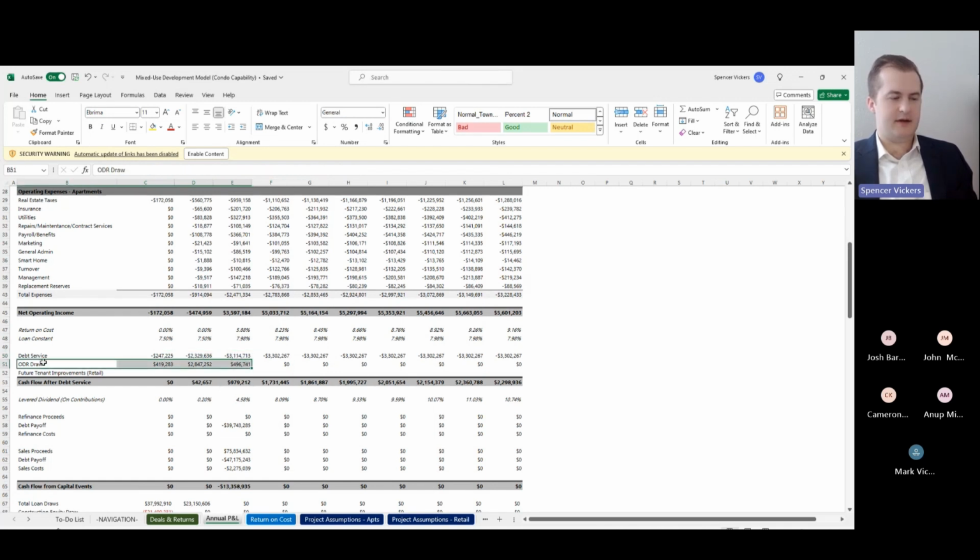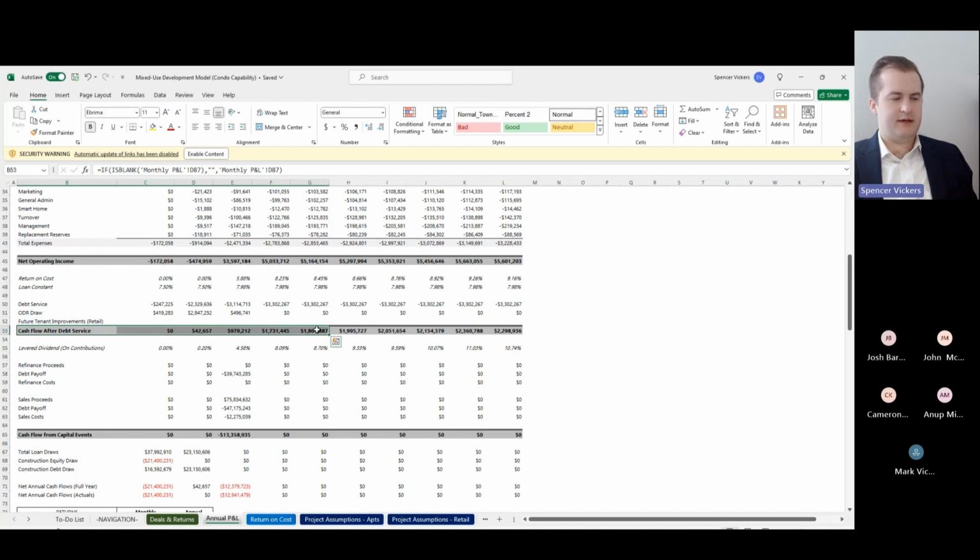ODR draw, that is an operating deficit reserve draw, which looks at your cash needs through the course of construction and through the course of operations, both from an operations perspective and from a financing perspective, and it holds that amount up front in your construction loan, and then you're able to draw off of that in the future, so you have those cash needs covered.